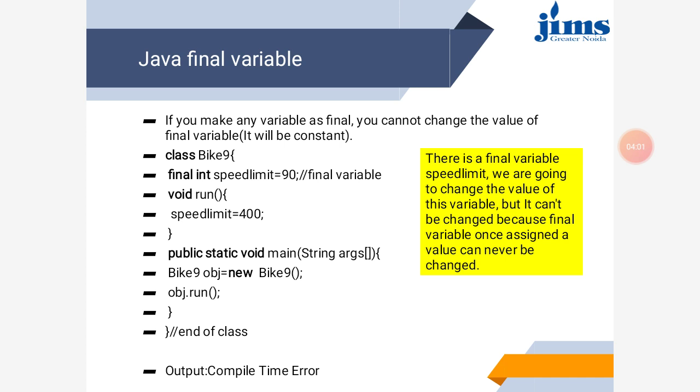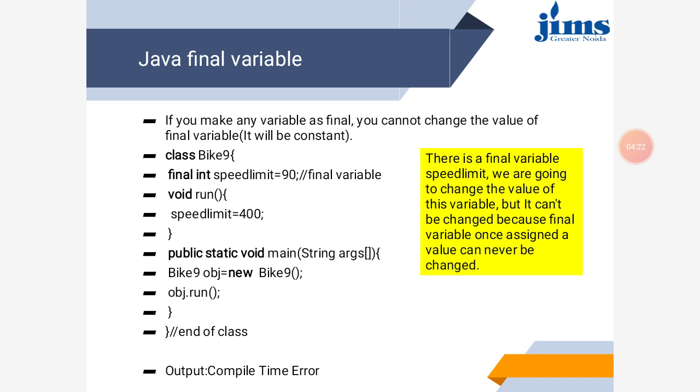In this program, there is one class, Bike9, and there is one instance variable, speedlimit equal to 90, and before its type, integer, we are mentioning the final keyword.